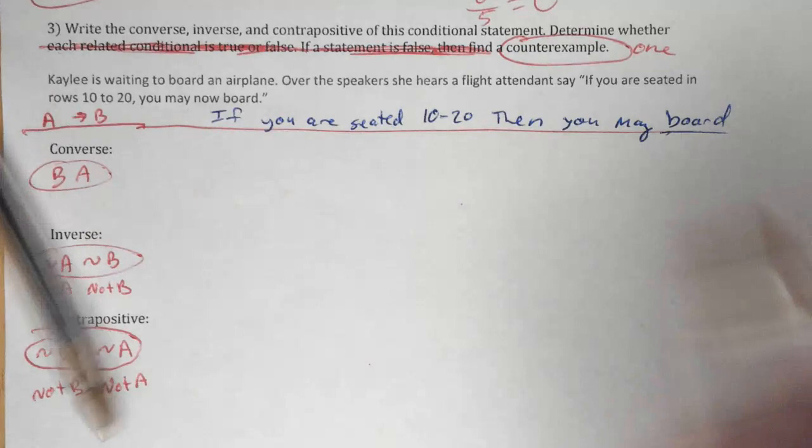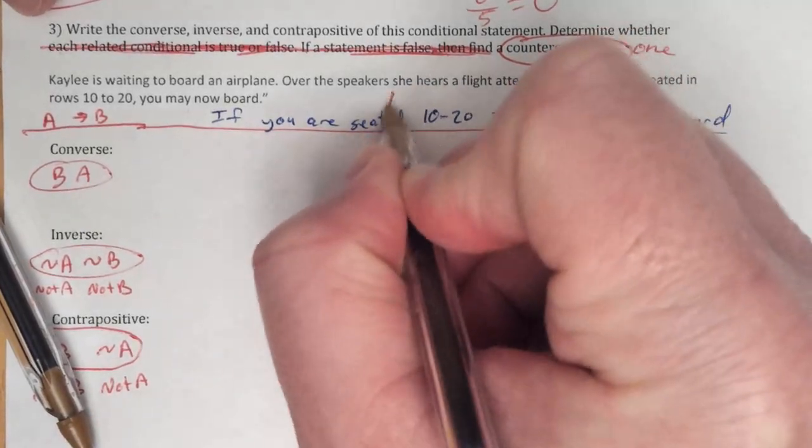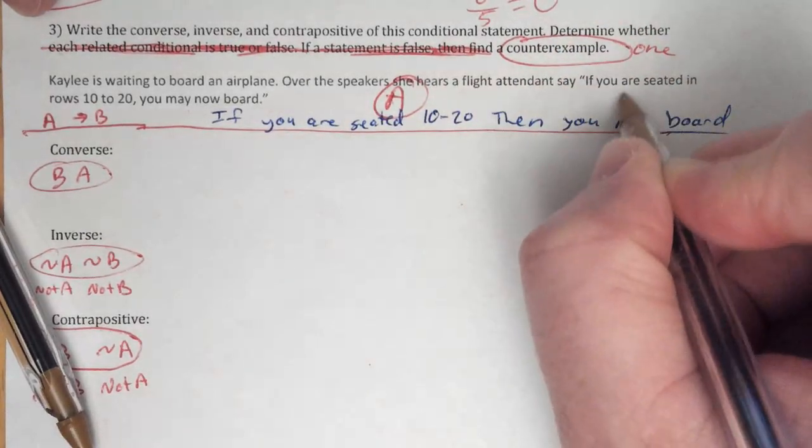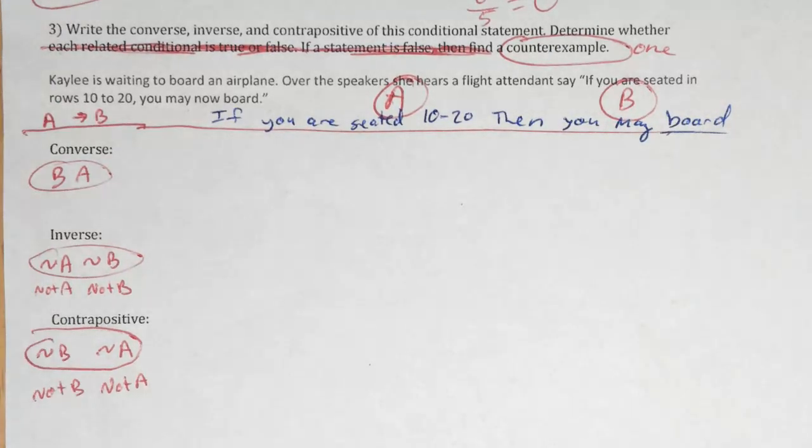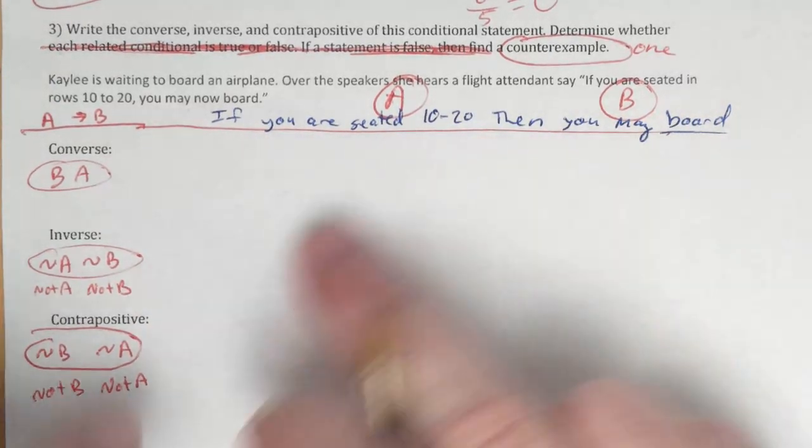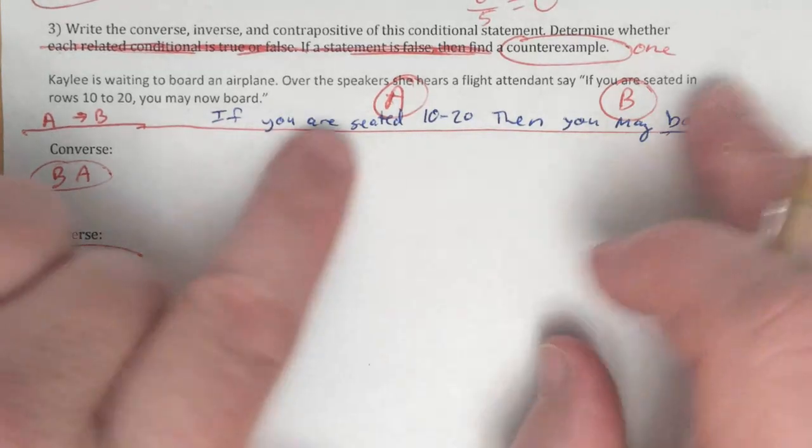Right? That's the original. All right, so this right here, this is A. This is B. All right, so that's the basic gist. This is A, this is B. So all we're going to do is switch these.